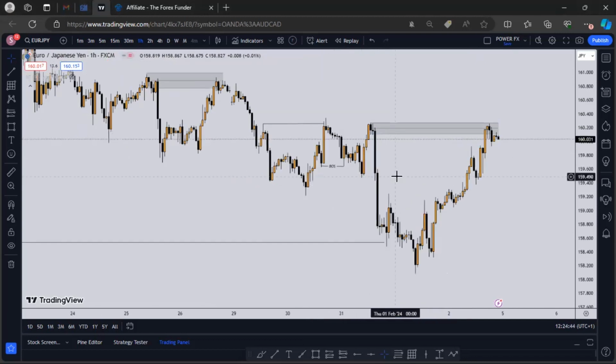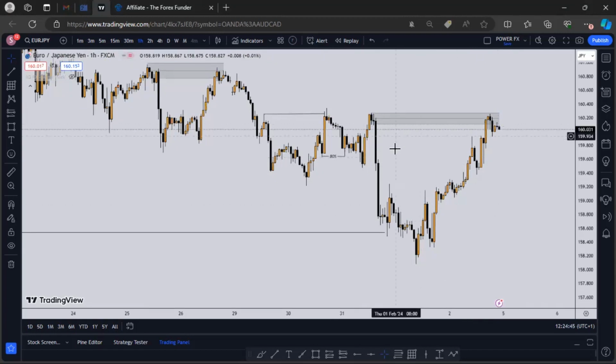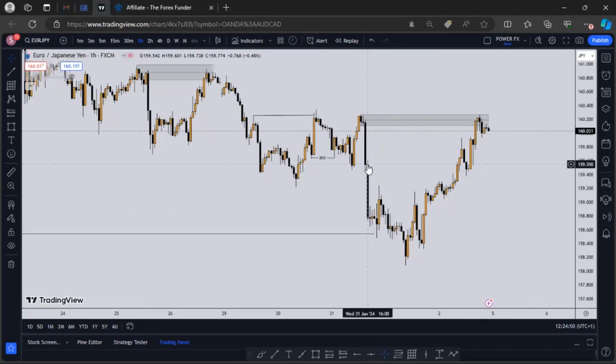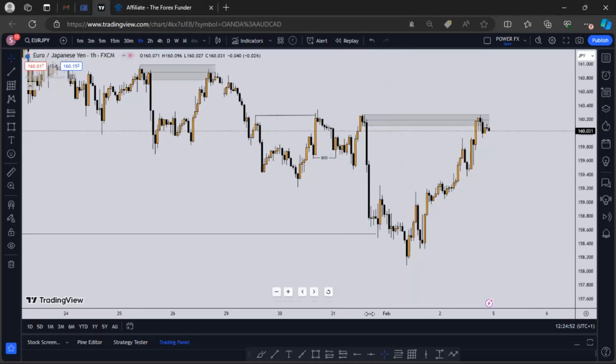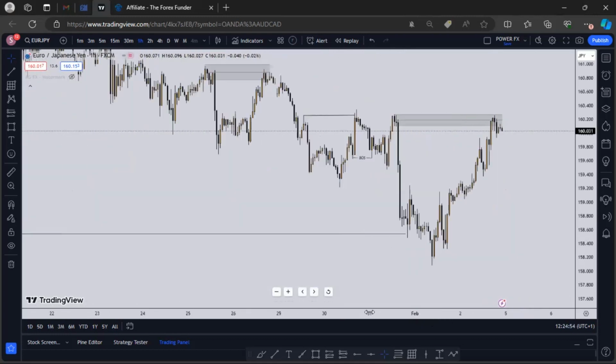This was the order block, the last bullish candlestick causing the push all the way to the downside, causing the break of structure.